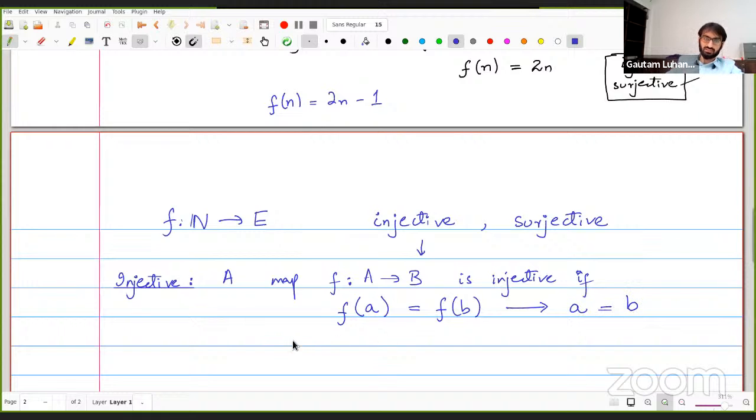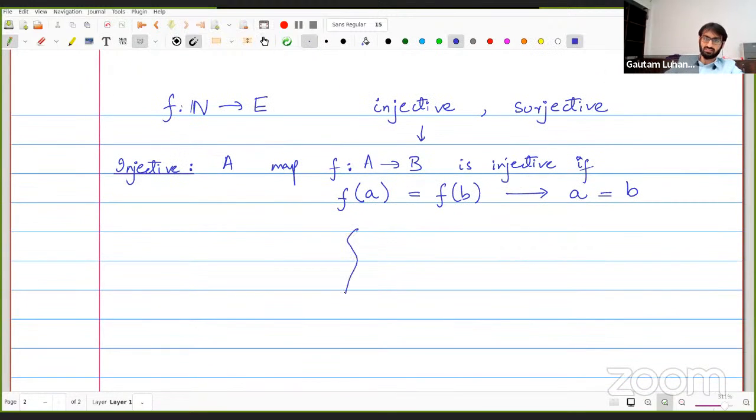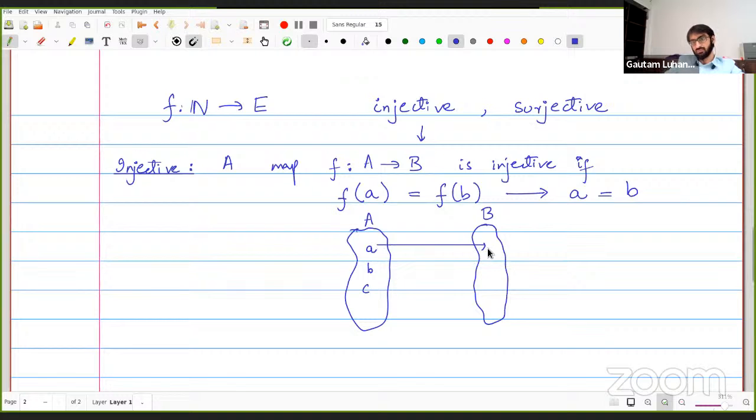What I mean by this is, let me demonstrate this idea intuitively. This is a set A and this is a set B, and if I have a few elements a, b, c, now let's say a is mapped onto some element here, which is f of a, and b is mapped onto some element here, f of b. My claim is that it is injective if and only if, when their images are the same, the original elements must also be the same.